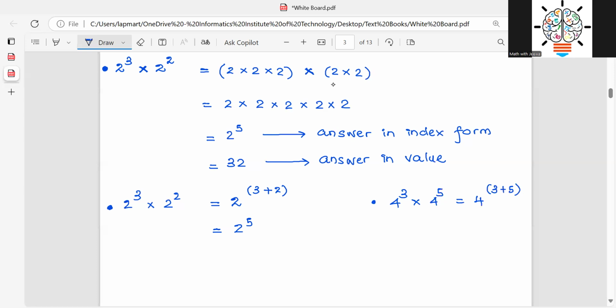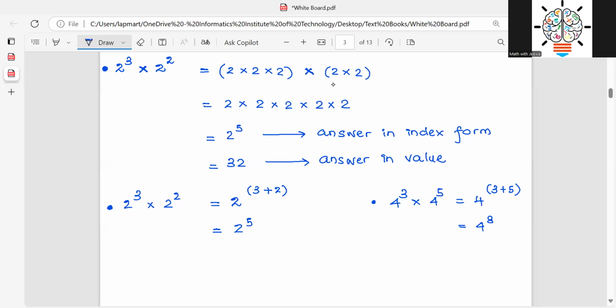Okay. So then the answer is 4 to the power of 8. Now, if you want to find the value, you just expand it, 4 times 4 times 4 times 4. Likewise, you want to expand it 8 times and get the values. But basically, when you have this kind of big number in the index, they just ask you to write it in index form only.